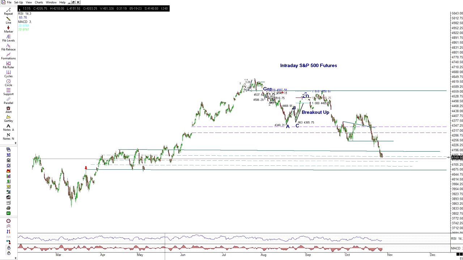You can see in more detail how getting down close to that price target of the head and shoulder, which is right about here, you can see how it's coming back into the low end of this consolidation area. Over here was that price level. So we might see this right down here, just below 4,100 where this arrow is. This is where breakout to the upside occurred and then testing.